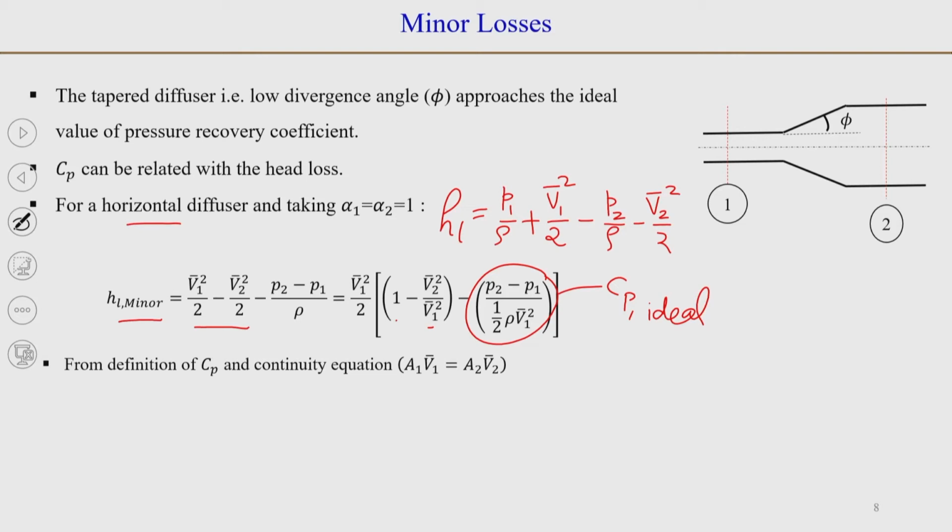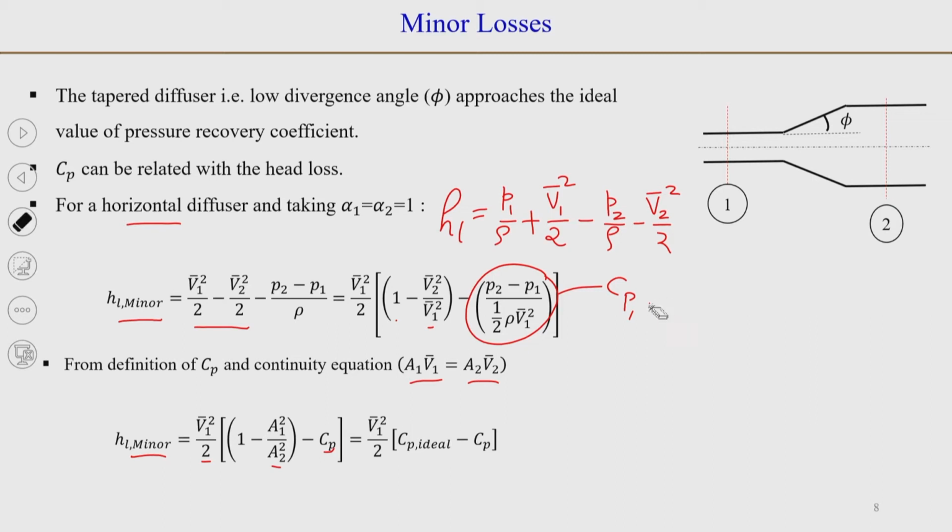We can write from A1 V1 equal to A2 V2 and substitute this here. So you will have HL minor equal to V1 squared into 1 minus A1 squared by A2 squared minus Cp. That is Cp in general. When you substitute this, you will get Cp ideal as 1 minus A1 squared by A2 squared. So that will be V1 squared by 2 times Cp ideal minus Cp.